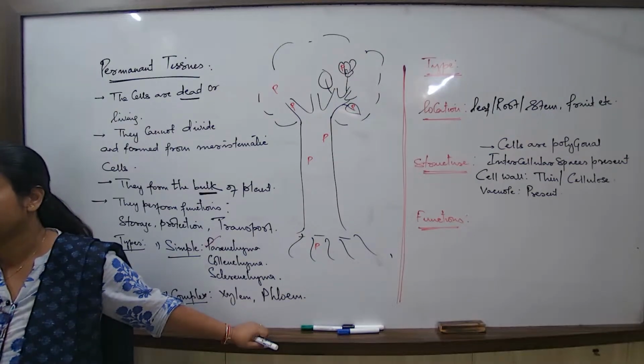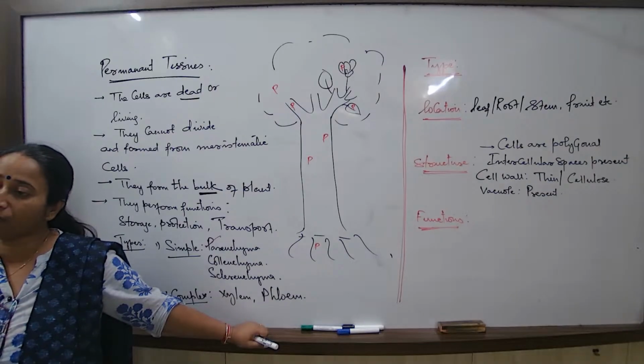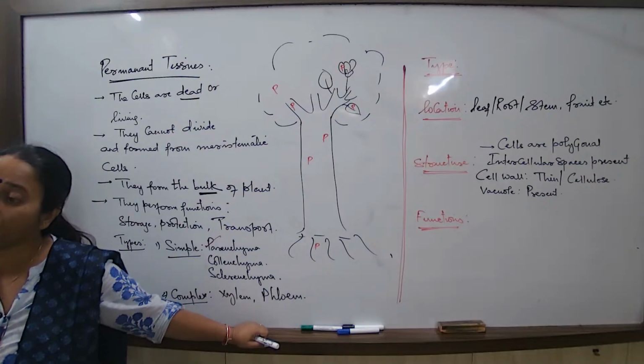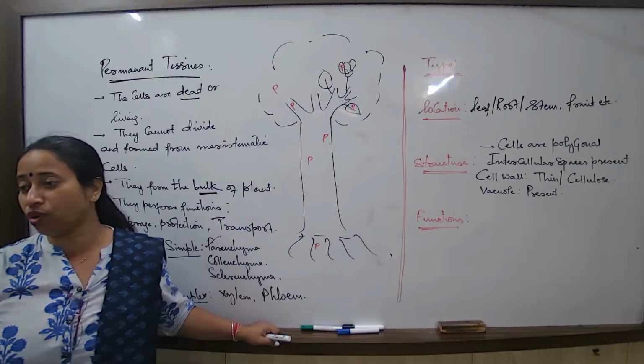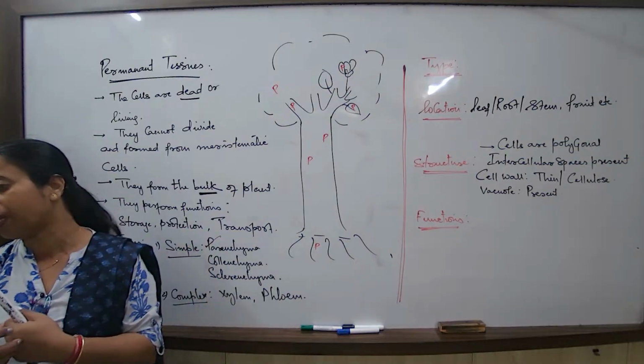Ma'am, when we cut a plant, the white liquid that comes out, what is that? Whenever you are cutting a plant, it can be latex or gum also. If it is whitish, then it is gum. If it is a transparent liquid, then it is sap.